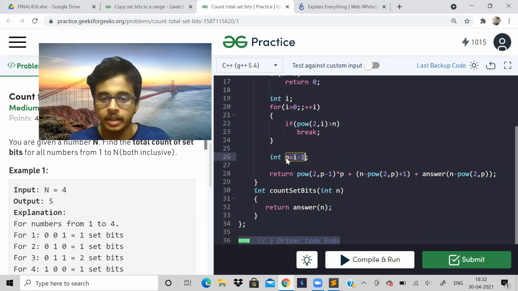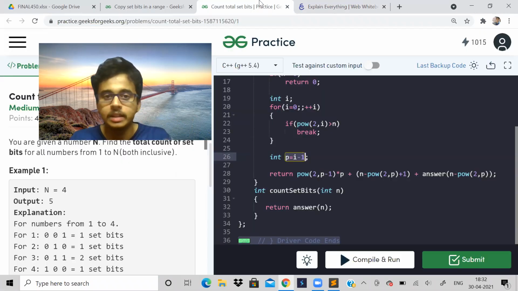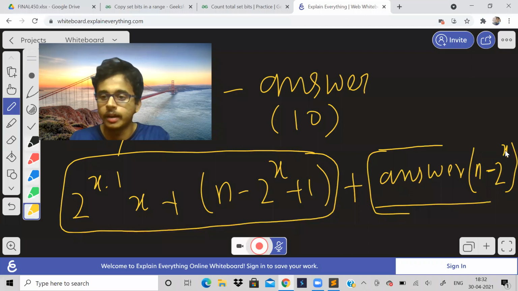In this code, the variable p corresponds to x here.